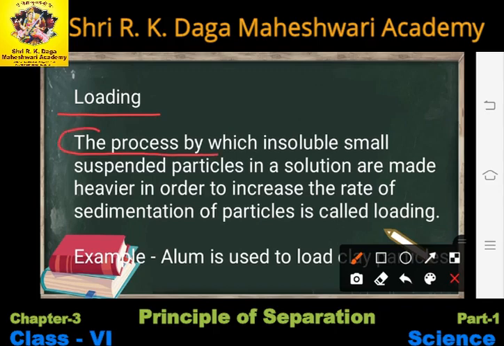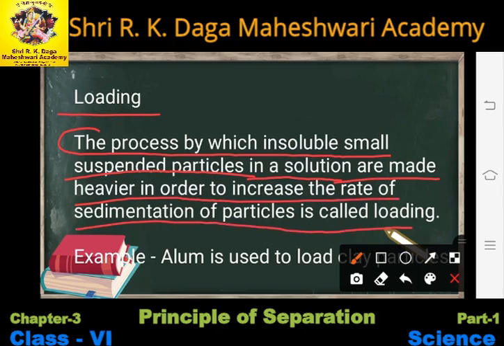The process by which insoluble small suspended particles in a solution are made heavier in order to increase the rate of sedimentation of particles is called loading. Students, by its name we can understand that we have to apply load on something, right? Load means weight. So if we apply load on something, then this process is called loading.